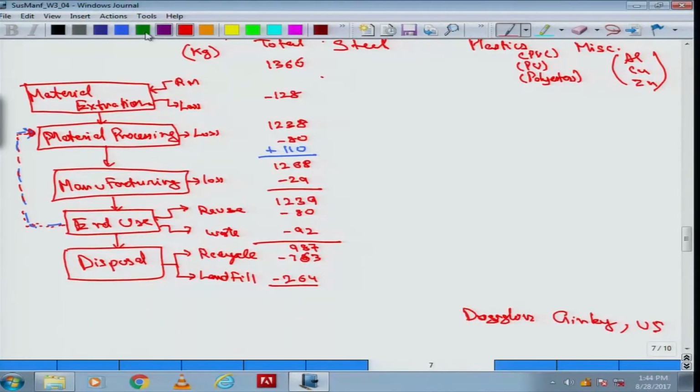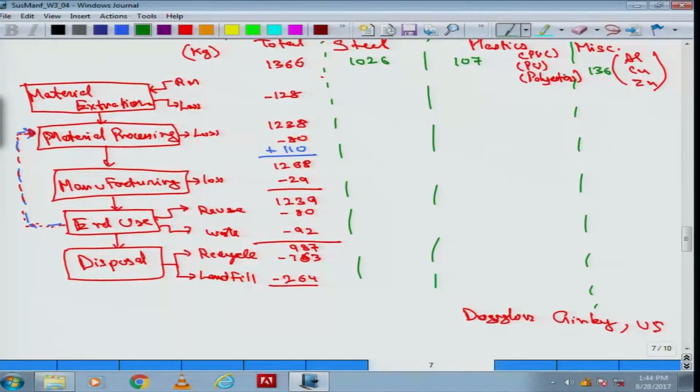So, in this it was even segregated what kind of material had what kind of weight. In case of steel the weight was of the order of 1026, in case of plastics it was of the order of 107 kgs, and miscellaneous was 136 kgs.